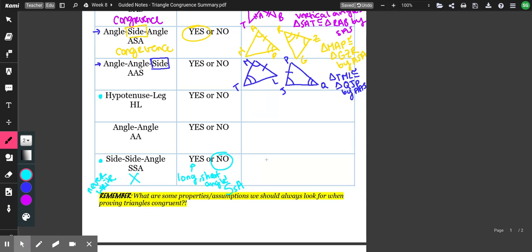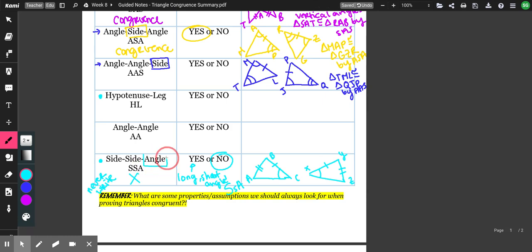So if I'm going to draw a picture of this, I don't assume any angles, right? So I'm just going to go with ABC, and then I'll go with X, Y, Z. Say I knew this, but I knew two sides.